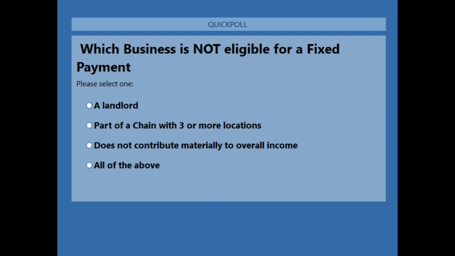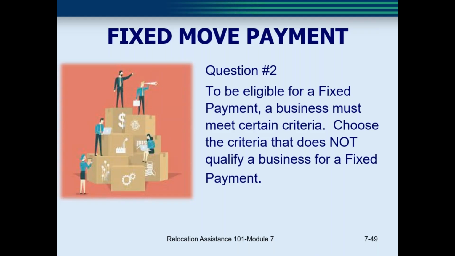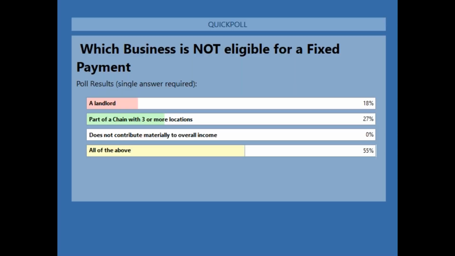And I will tell you, the answer for number B should say 4 or more locations. So that should help you with your answer. A is which business is not eligible for a fixed payment? Is it a landlord? Is it a chain with 4 or more?